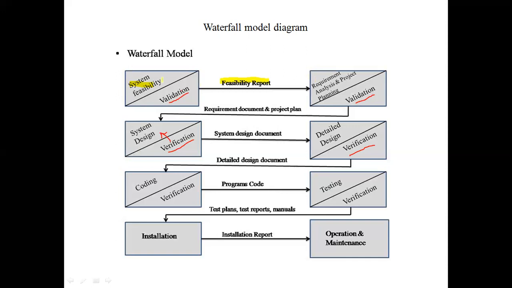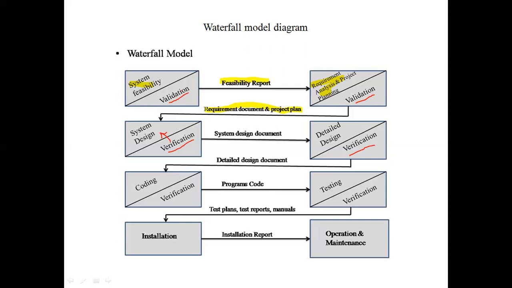So once you perform the first phase, system feasibility, and it is validated, you produce a feasibility report and pass it on to the next phase, which is requirement analysis and project planning. You validate this phase and again produce documents, which are the requirement document and project plan.